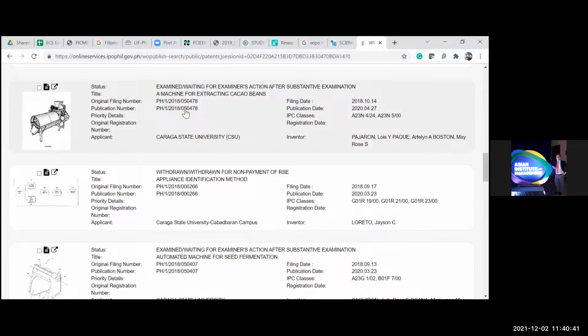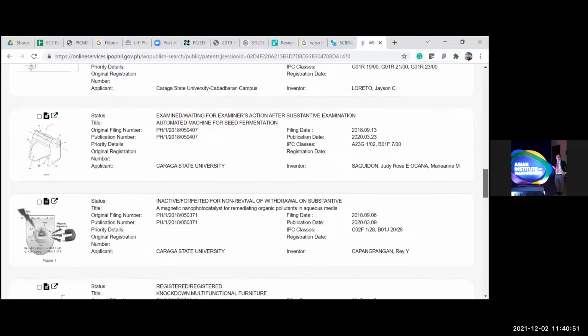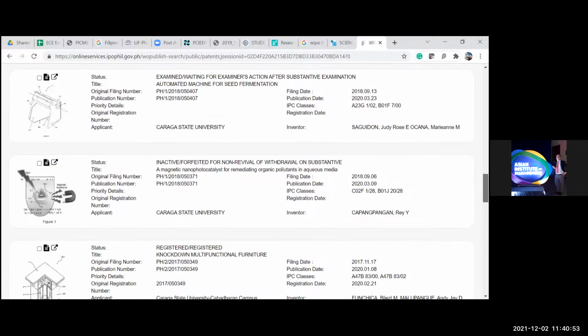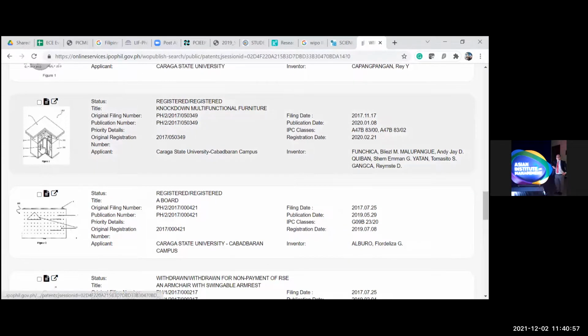You can also see the status here of the cacao beans. There are also issues. Some are registered. This one is a registered utility model, titled knockdown multifunctional furniture, so it's protected under utility model.